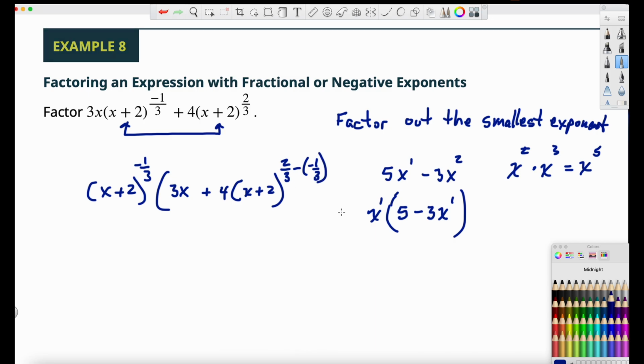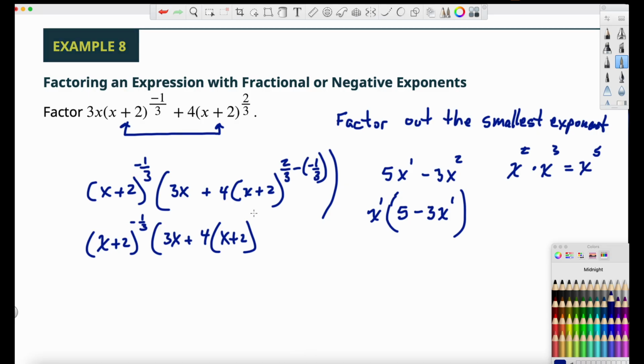We have a double negative, so that means we add. So I've got x plus 2 raised to negative 1/3. This is what we factored out. So I've got 3x plus 4 times, here's my base of x plus 2. Now look at this, 2/3 minus a negative 1/3.